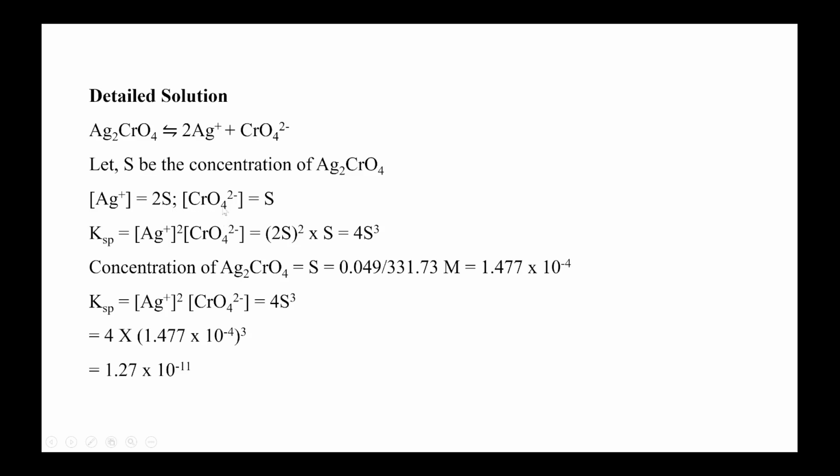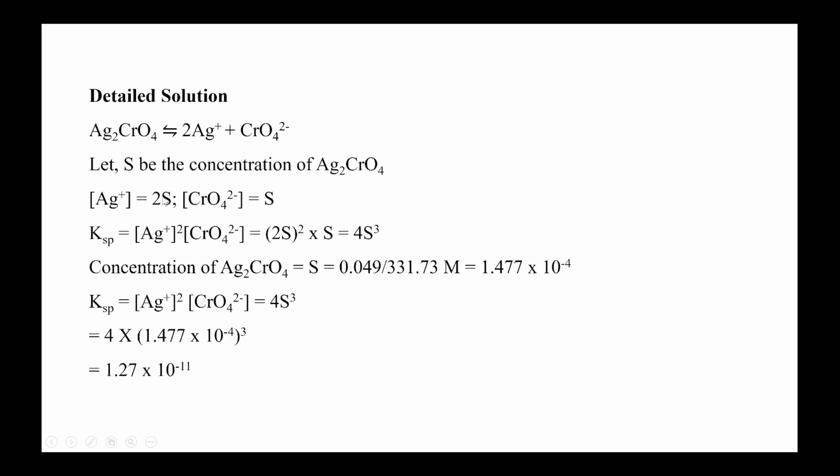And the concentration of CrO4 2 minus would be S, right? Because 1 mole of Ag2CrO4 is giving 1 mole of CrO4 2 minus. So CrO4 2 minus would be S and Ag plus would be 2S.